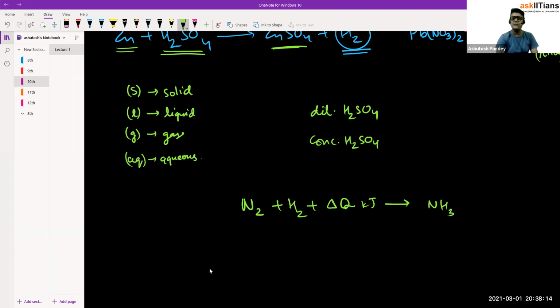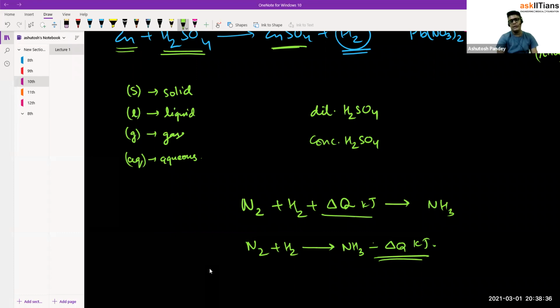Heat we always write on the product side. So N2 plus H2 will form NH3 minus q kJ, because minus means that we are adding the heat on the reactant side.